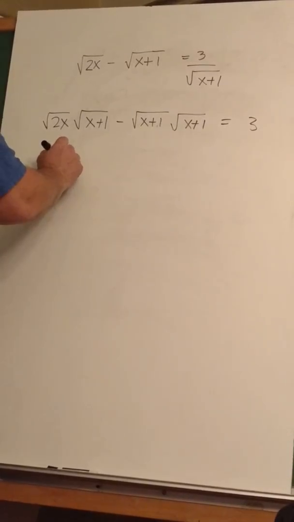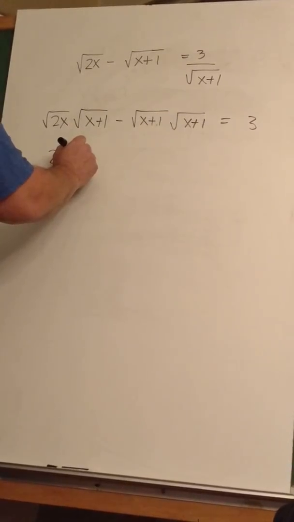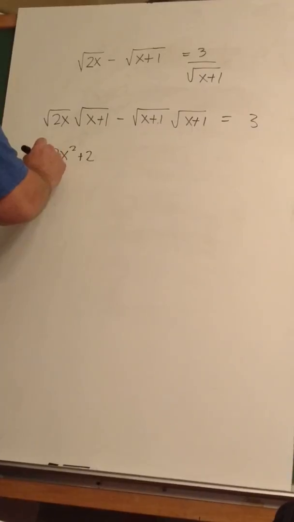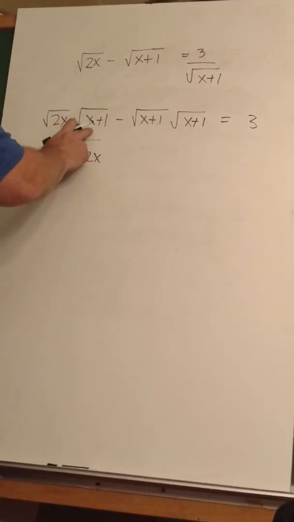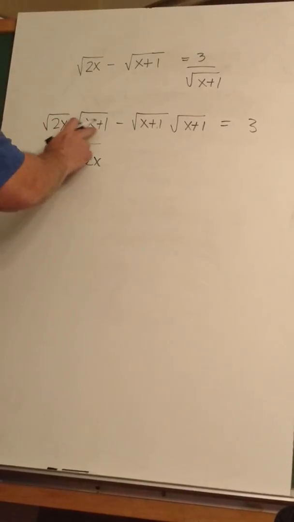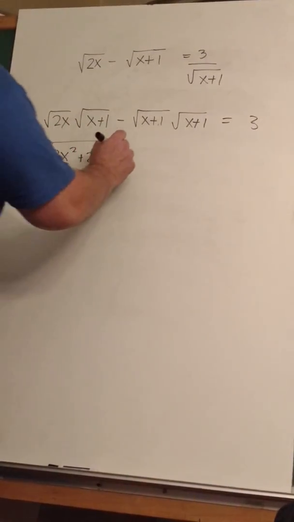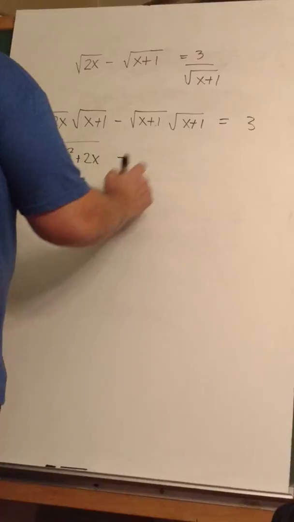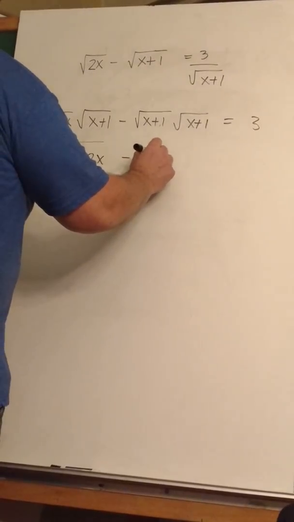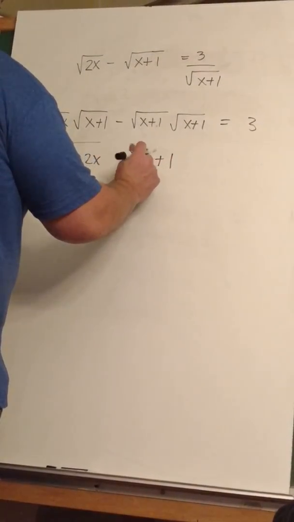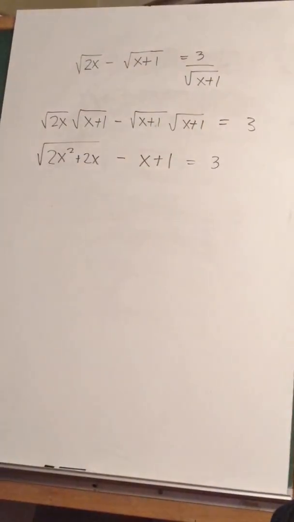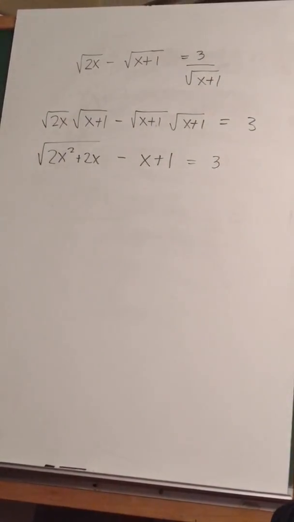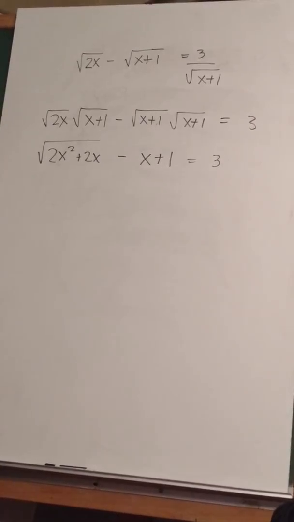So this is 2x squared plus 2x. 2x times x is 2x squared, 2x times 1 is 2x. Then I know if I multiply these, what am I going to get? x plus 1, right? Equals 3. Everyone with me? I just messed up on one of these steps.